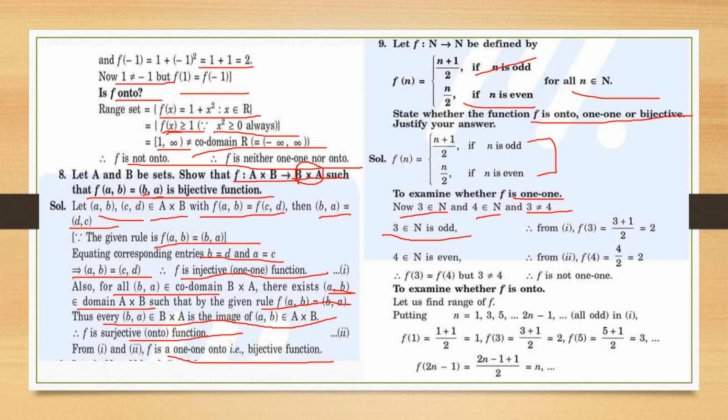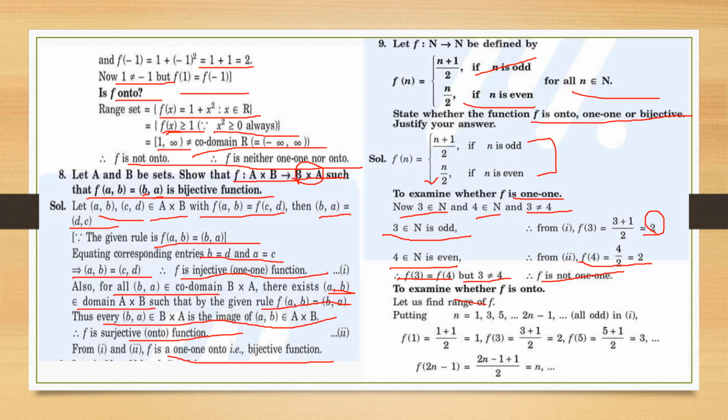So f of 3 will be equal to (3 plus 1) by 2, that is 2. And 4 belongs to N, so then this rule will be applied. So f of 4 will be 4 by 2, which is 2. So what happened? f of 3 is equal to f of 4, but 3 is not equal to 4. This is the case of a not one-one function.